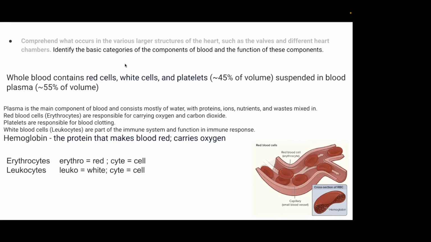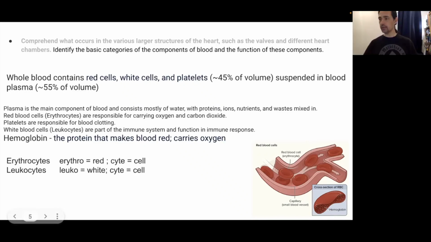I have a question. Yes. For the white blood cells, do we need to know anything about infection? Well, you would have to know how the white blood cells function. Broadly, if you look at the slide, what is the function of white blood cells?